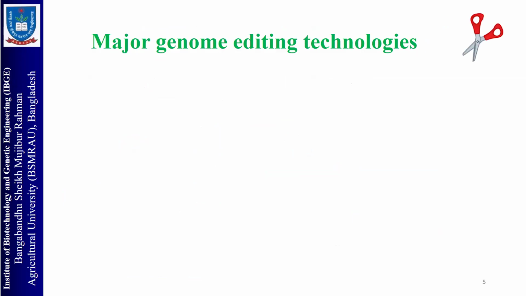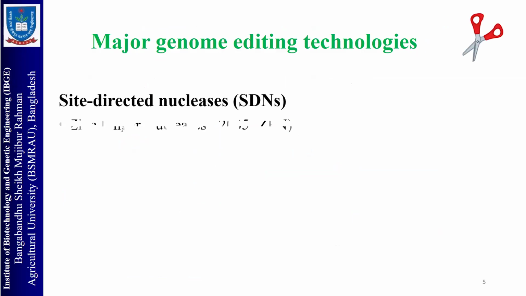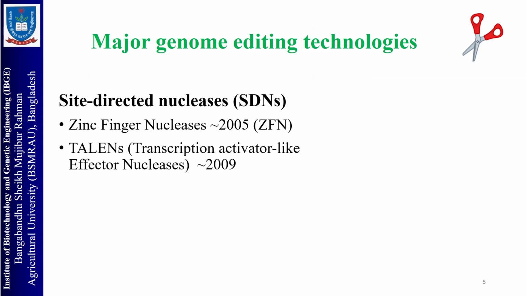So the major genome editing technologies are zinc finger nuclease, which was developed in 2005. This is one method. A second one is transcription activator-like effector nuclease, which was developed in 2009.